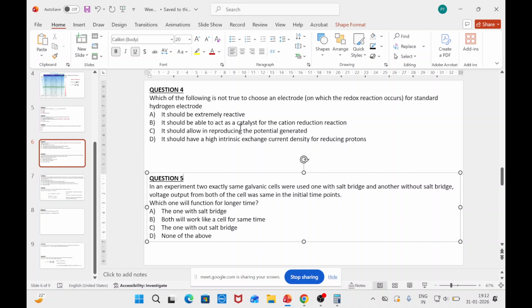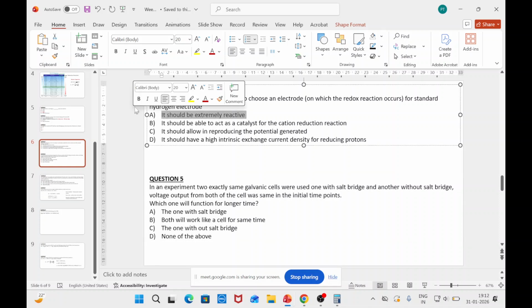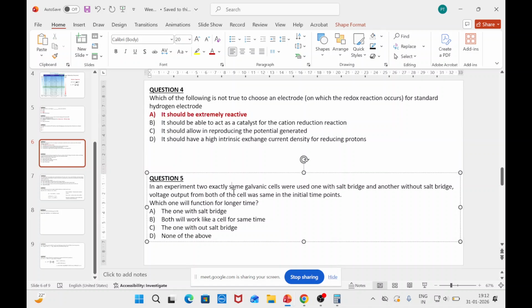So option A is not correct. If it is extremely reactive, then hydrogen will react with that element to form some other compound, so it will not be useful. So it should not be extremely reactive.